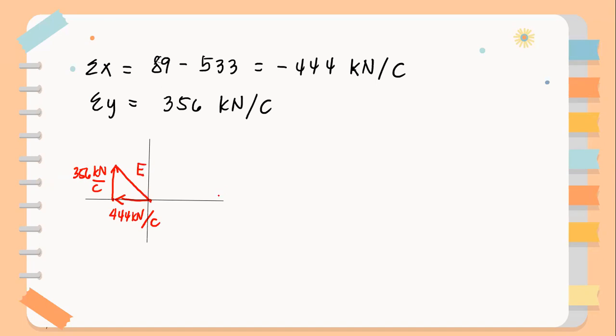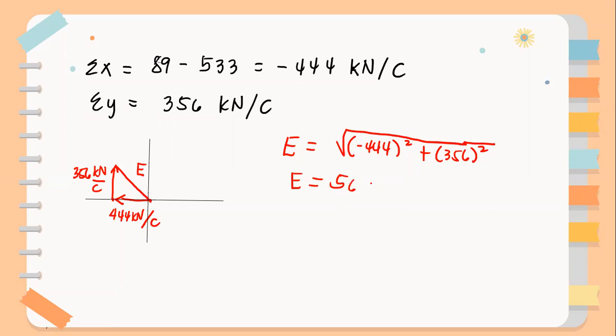Okay, using the Pythagorean theorem, E is equal to the square root of negative 444 squared plus 356 squared. E is equal to 569.1 kilonewtons per coulomb. That would be the magnitude of the electric field.